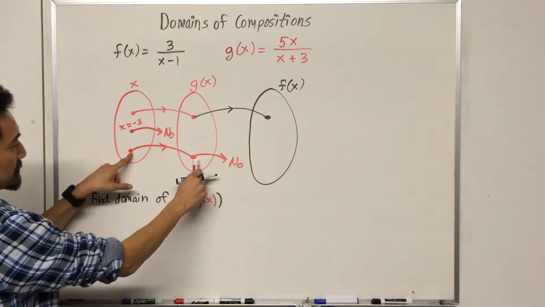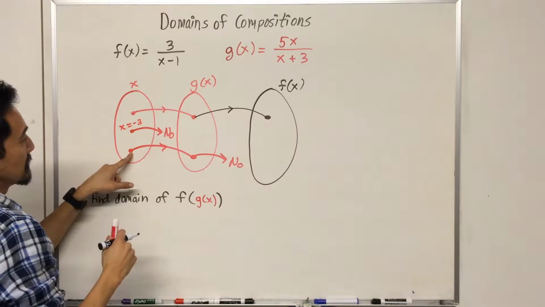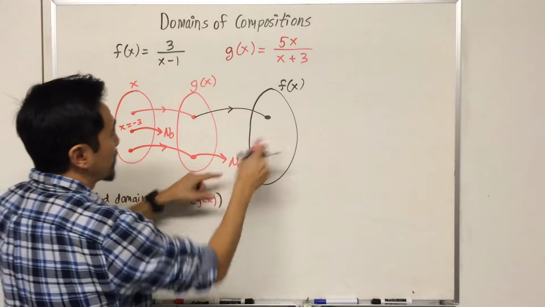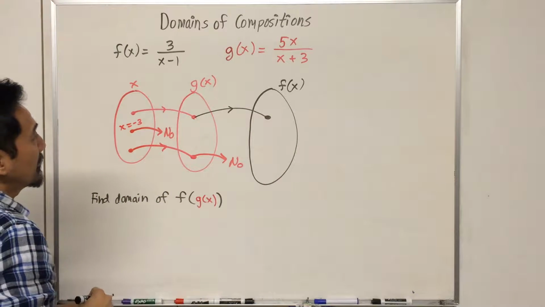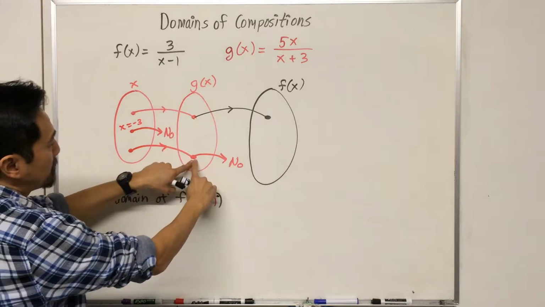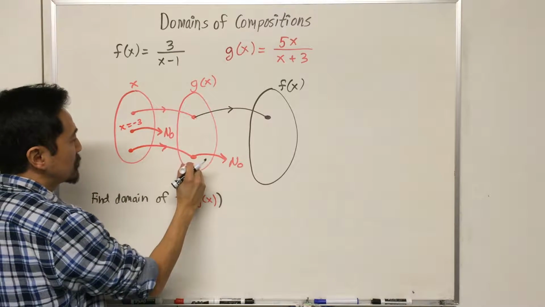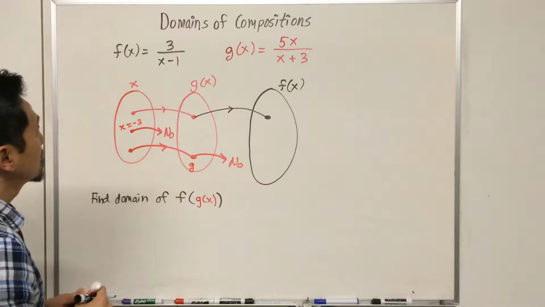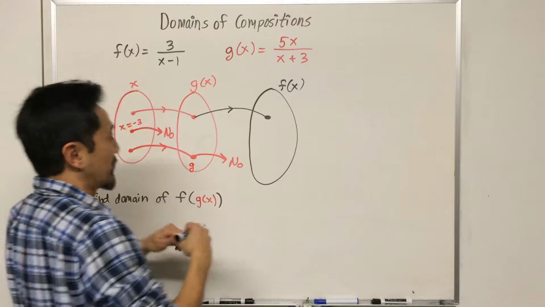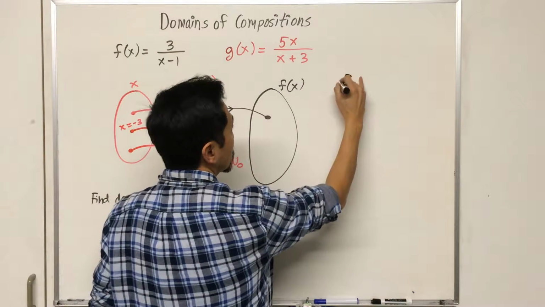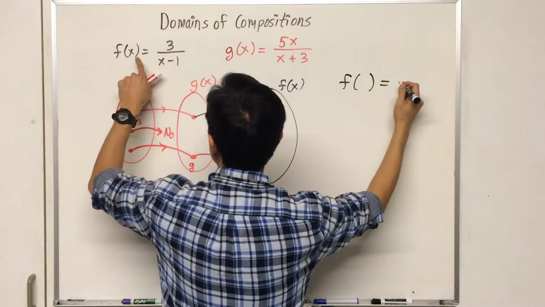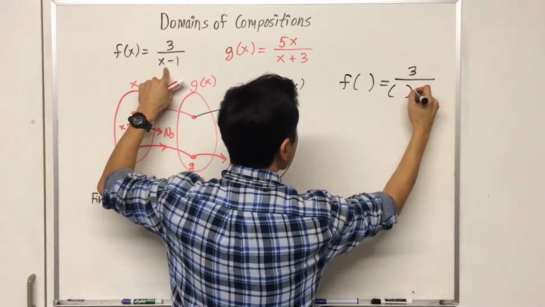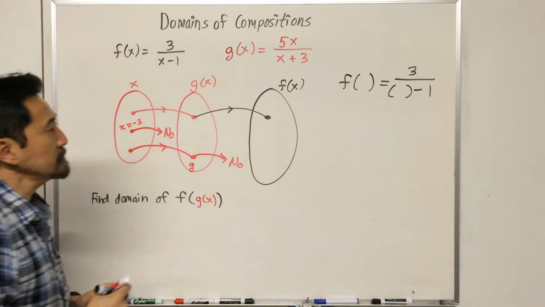Okay, now, let's look for these numbers, okay? X's that produce g values that don't get into f. Well, how is it possible that a g value does not get into f? Well, let's look at f. F takes inputs into it, and it puts that input into the denominator, and then it subtracts 1.